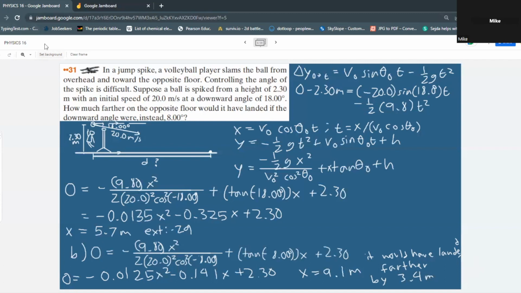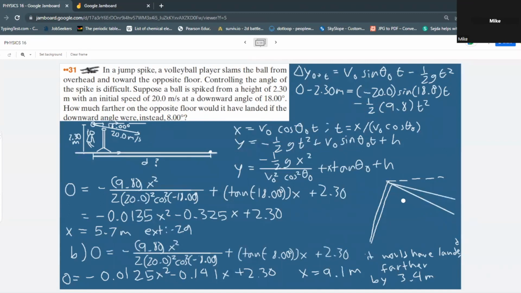So 9.1 minus 5.7. So it's a slight difference. 18 degrees, where is the 18 degrees? Here versus 8 degrees. It's a super slight difference in the angulation of the hand. And the difference is 3.4 meters.